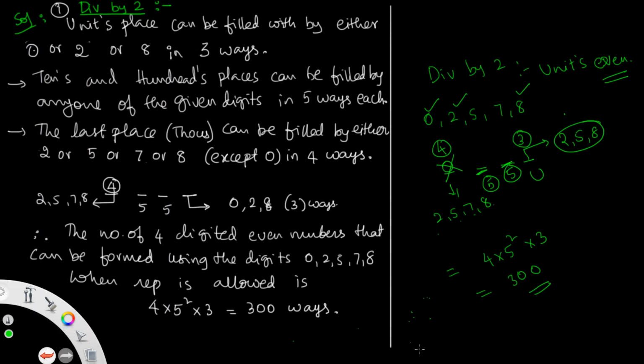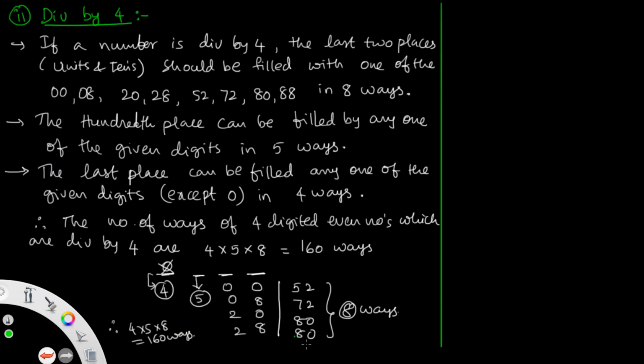Using the given digits 0, 2, 5, 7, 8, we form a 4-digit number in which repetitions are allowed. The condition is that it must be divisible by 4.